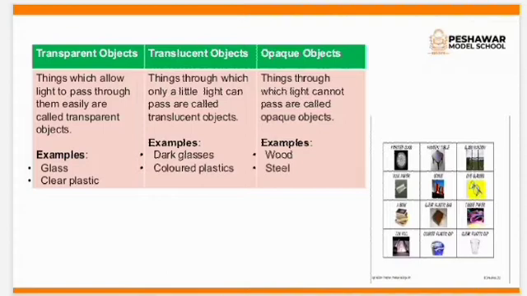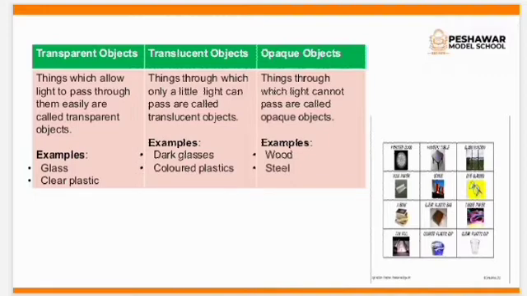Things through which light cannot pass are called opaque objects. Example, wood and steel. Can light easily pass through wood? No. Through wood or steel, light cannot pass. So these are known as opaque objects, right?